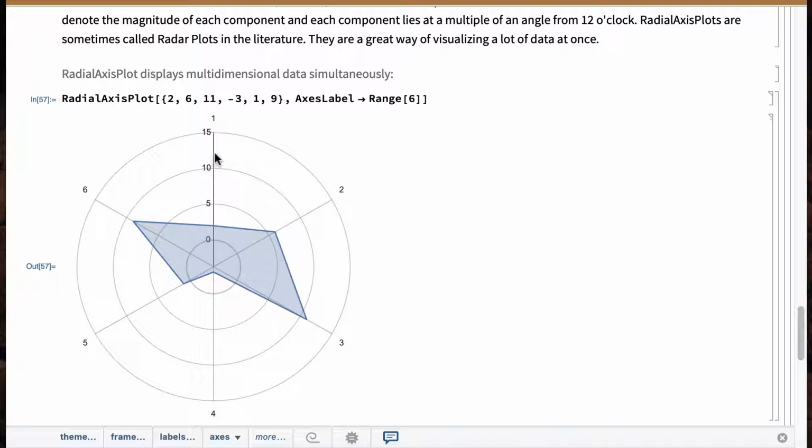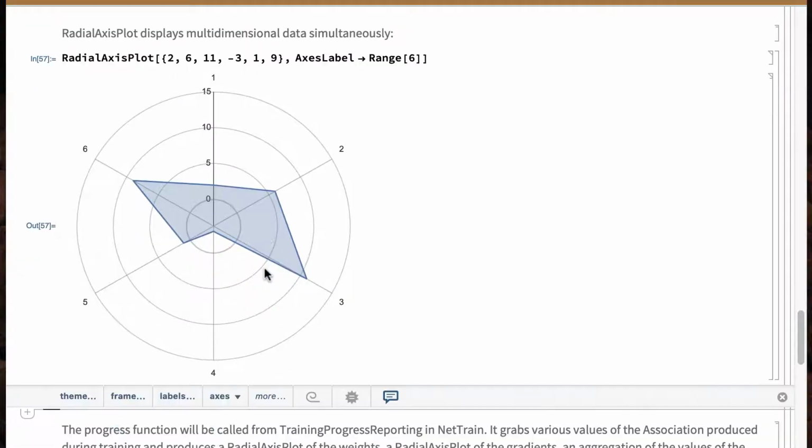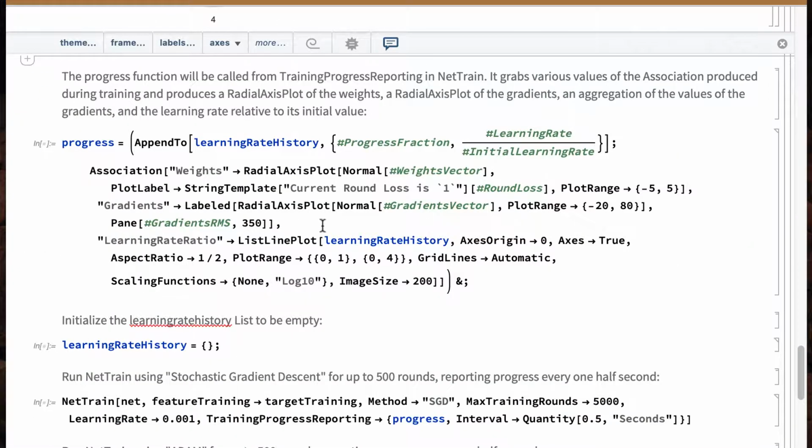And the answer is you make 1, 2, 3, 4, 5, 6 slices of pie, and you show the value as you sort of move around this clock face. So this is 2, 6, 11, -3, 1, and 9. Okay? And so if we have lots of weights, we could use a radar plot to show all the weights at once. Isn't that cool?